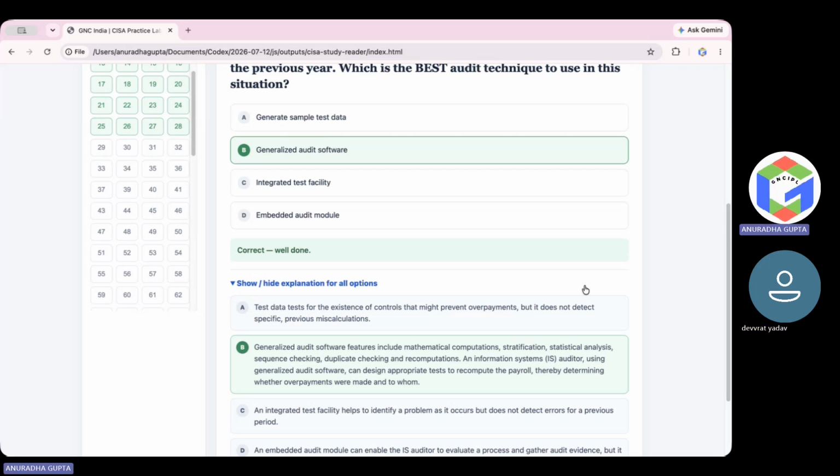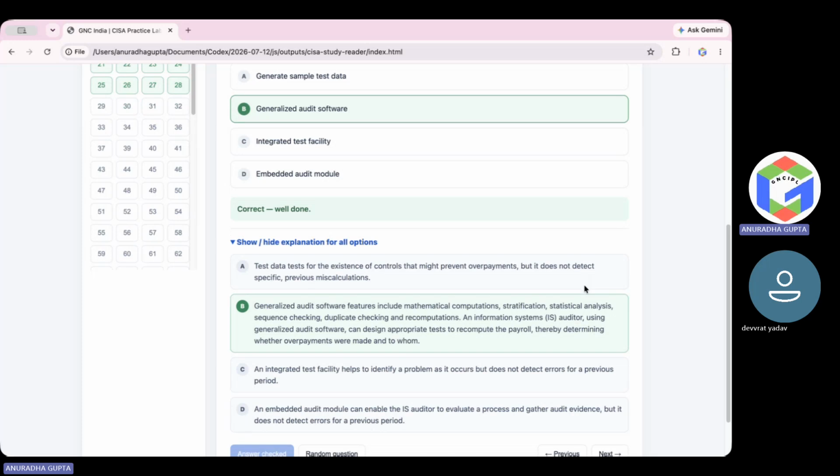Yeah, so these are specifically designed software for the particular role. Here, for the audit of the payroll, we have generalized audit software. Basically, we can use that; it comes under the CAAT category, like ERP solutions, through which we can perform the audit.